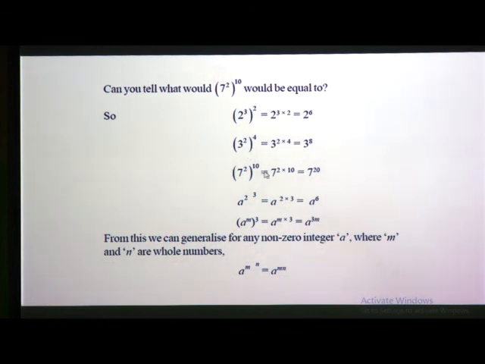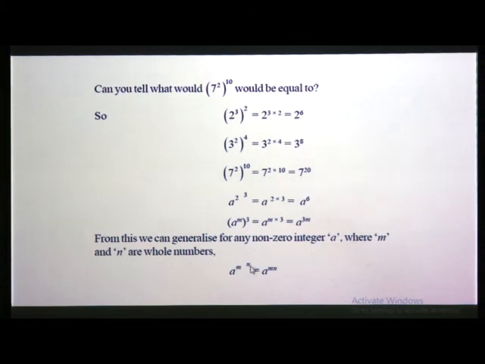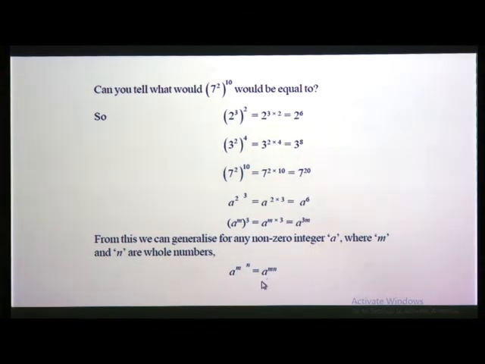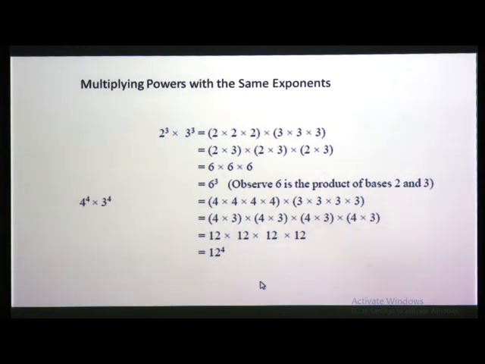So, in this way we have tried to write down the powers when a power to a power is given to us. In short, we can say that a raised to the power m, to the power n, we can write as a to the power mn. We will see some examples, so it will be more clear to you.